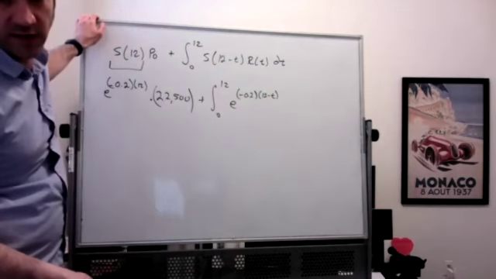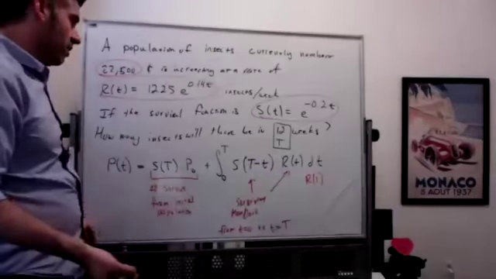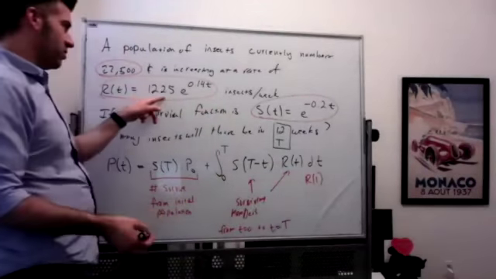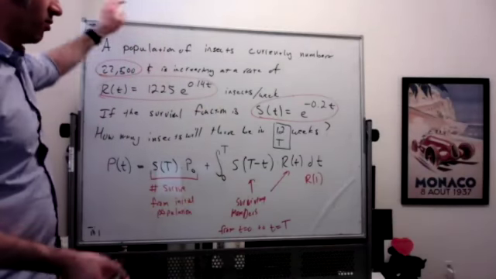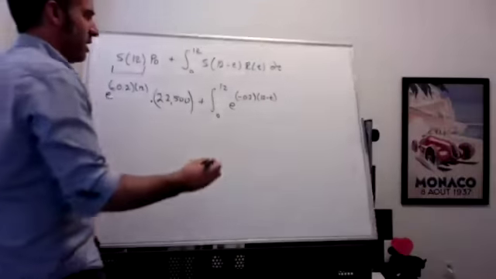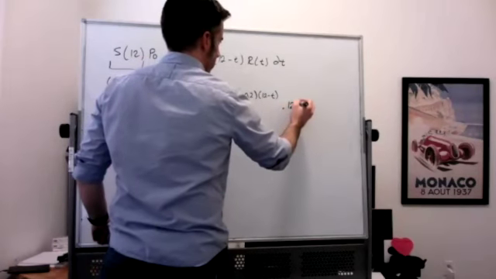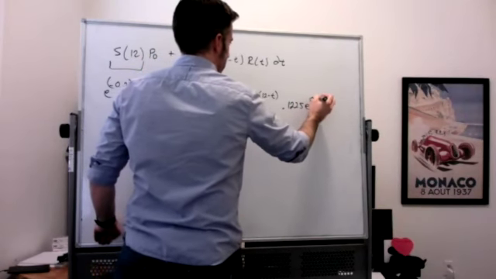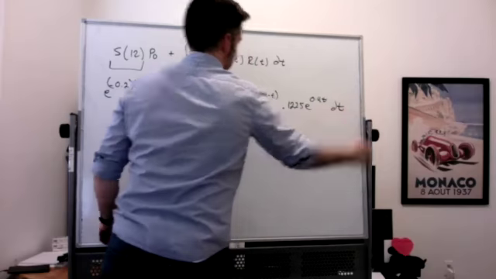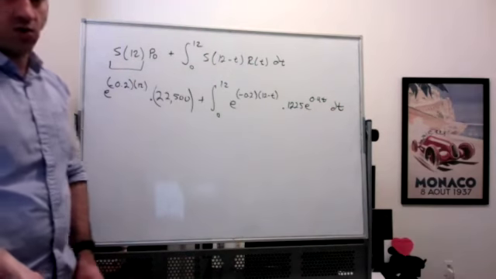And then R of t is this, 1,225 times e to the 0.14 t. Whew, okay. So there's the whole thing.